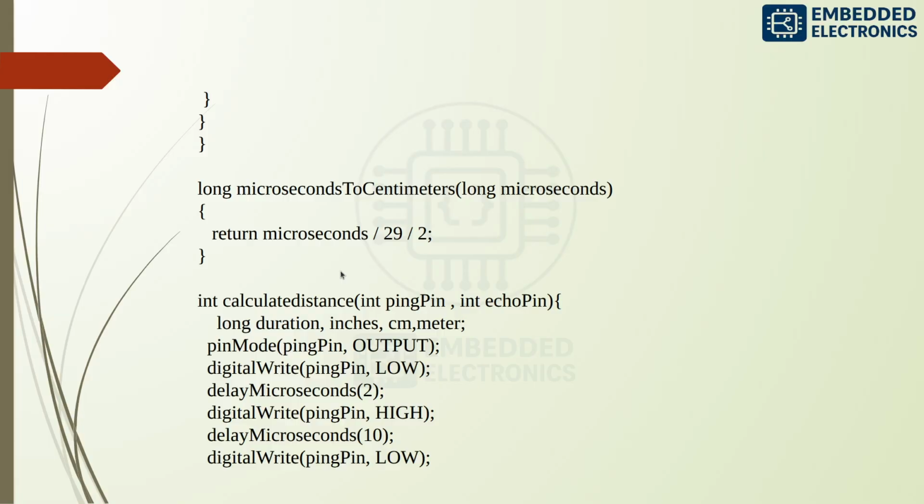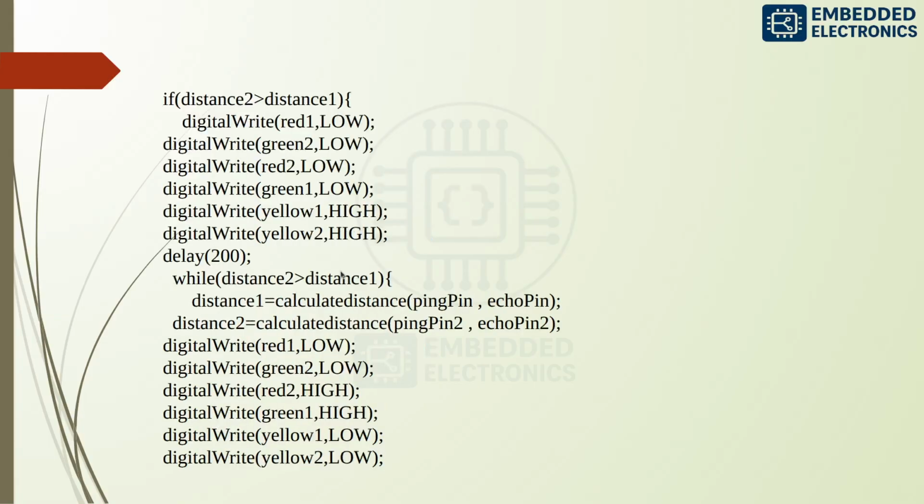The most important part of the code is the while loop. Here you can see, this ensures that the green light stays green as long as that road is the busiest. It doesn't just switch back and forth on a timer.